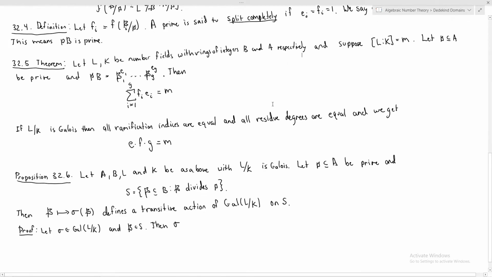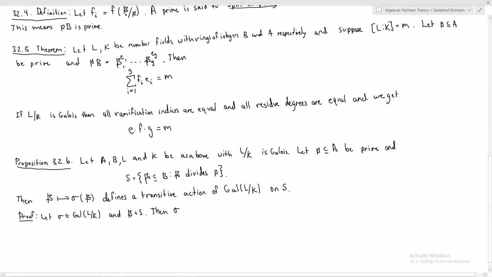Okay, so now this will work. And sigma of the prime B contained in the ring B will be a prime ideal. Okay, it's not too hard to check.